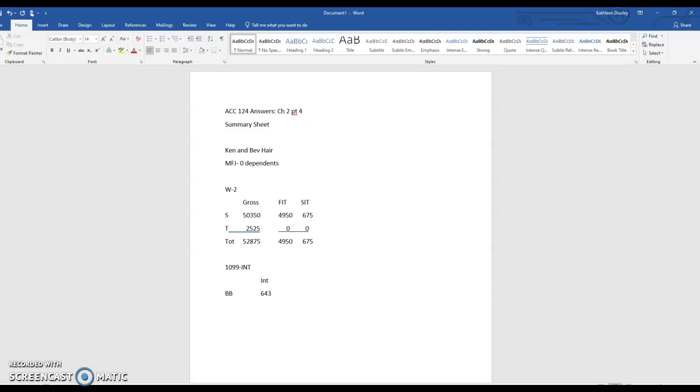That's the total there. However, I am going to put off to the side tax exempt interest, and that was $1,000 from the city of St. Louis.